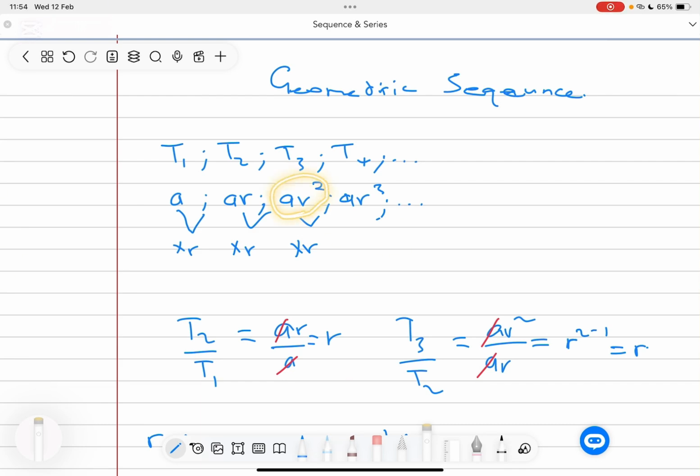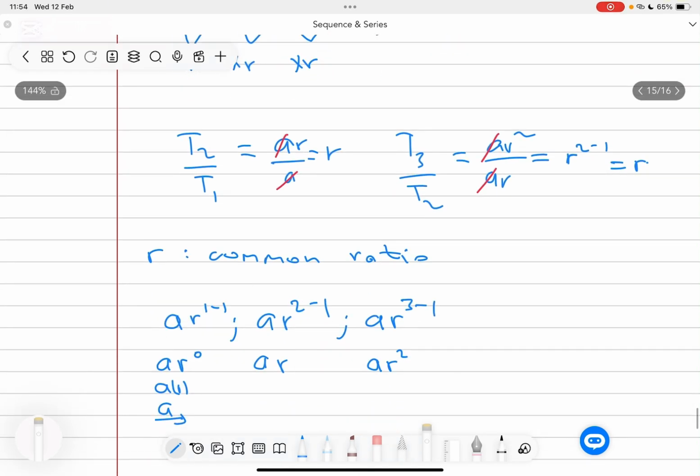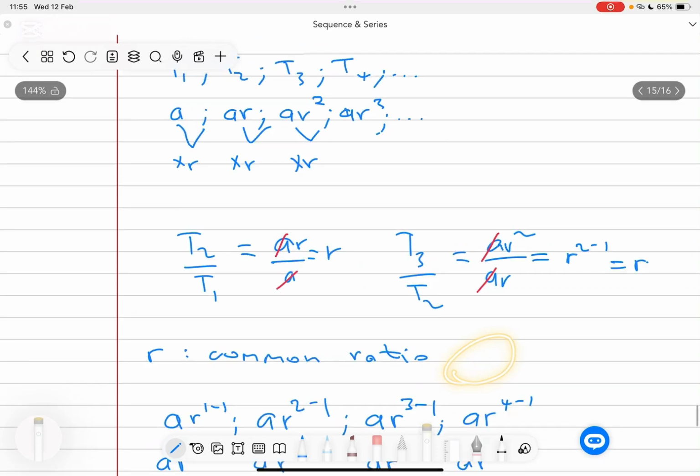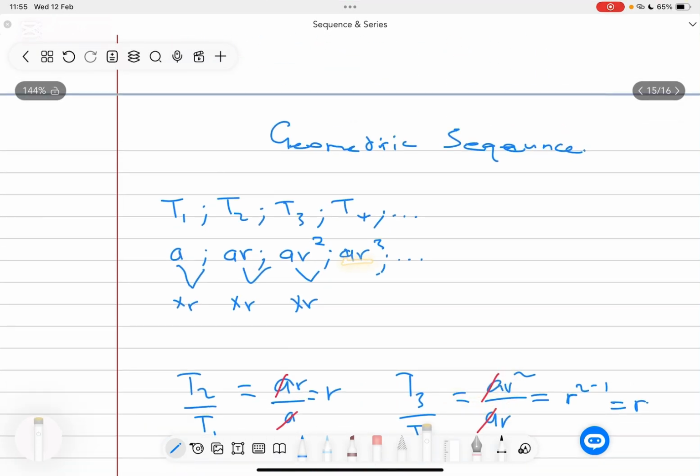That's why term 3 is AR squared. Then if you were to do term 4, the same mathematics will apply. You will have AR to the power 4 minus 1, because we are on term 4 and the exponent is 1 less than the number of terms. So now we have AR to the power 3. And this is what is given as term 4.